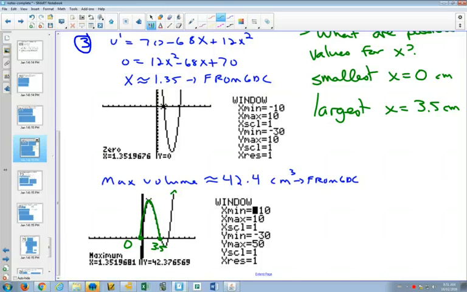So in the context of our problem, that's our only domain. So now it makes sense that we only found this 0. If you went to your calculator and found this other 0, which looks like it happens just after 4, well, since the context of our problem doesn't make sense after 3.5, that x-intercept doesn't make sense.